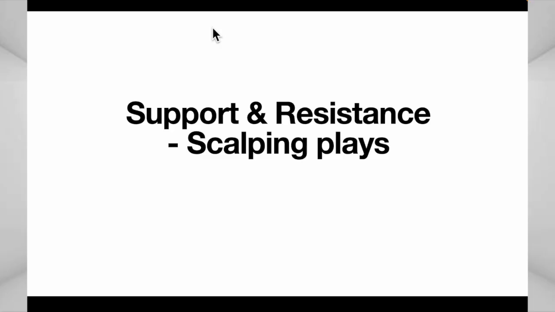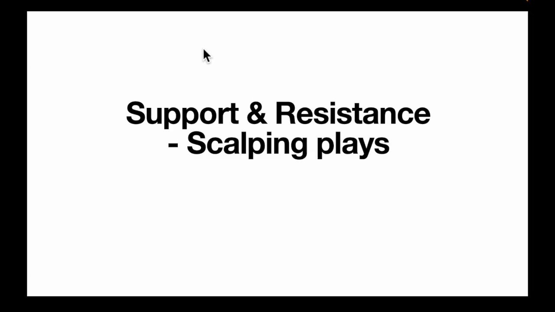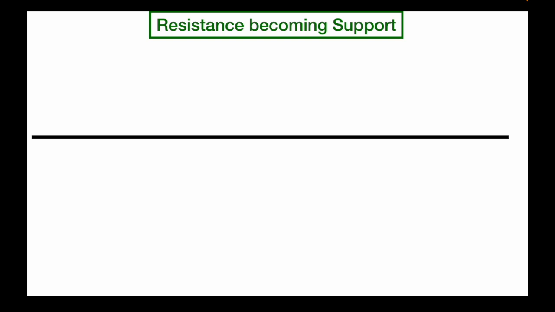Okay, so let's have a look at this then. These work equally for day trading and scalping, and also longer term trading as well. These are support and resistance plays, and we're going to look first of all at resistance becoming support.